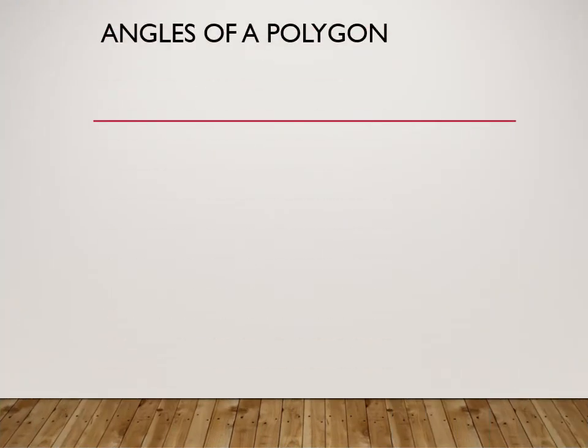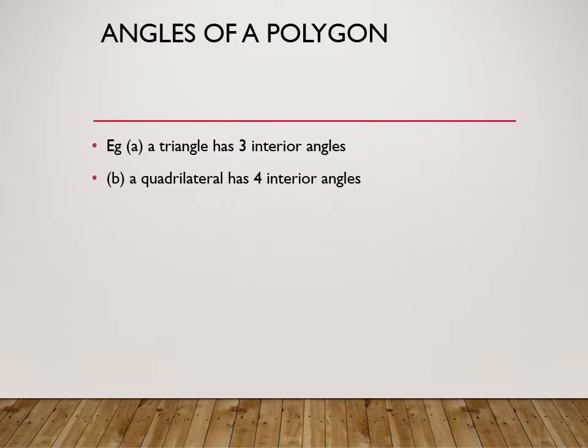We want to find out the number of angles that will be in a polygon. The number of angles in a polygon is equivalent to the number of sides.